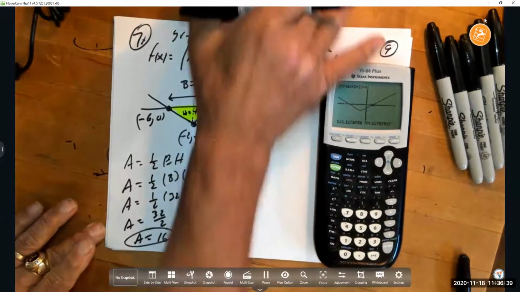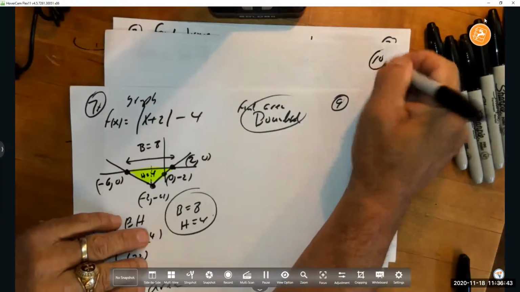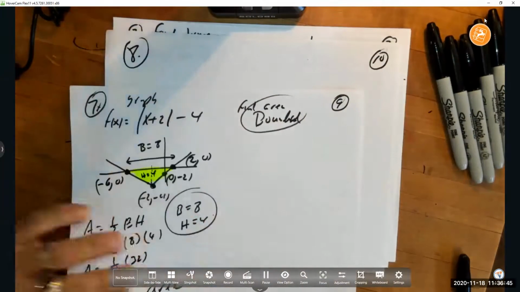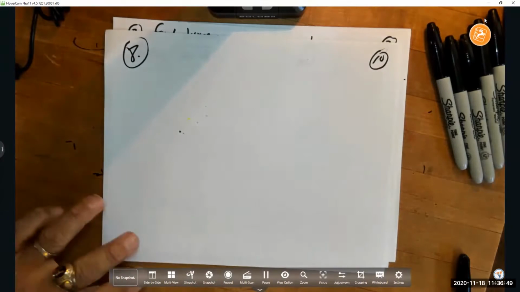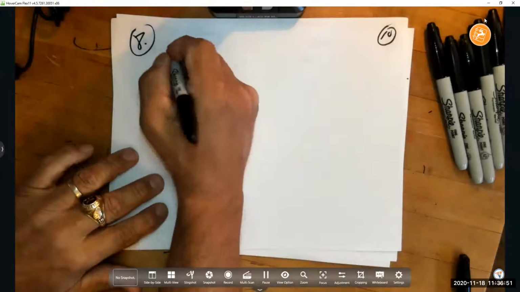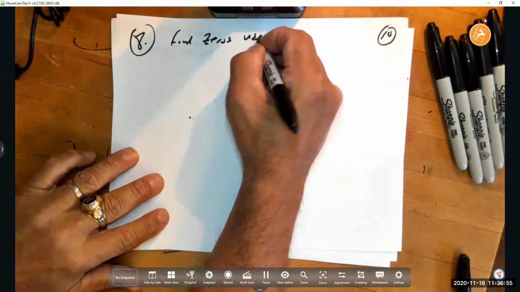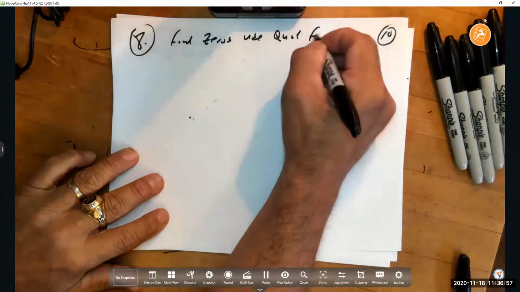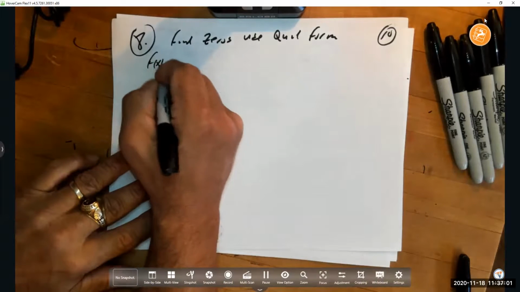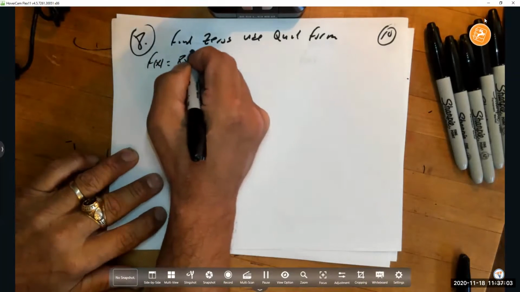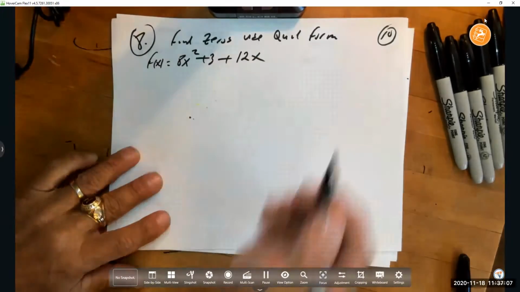All right. Next one. Number 10. This is number 8. Find the zeros. Use the quadratic formula. f of x is 8x squared plus 3 plus 12x.